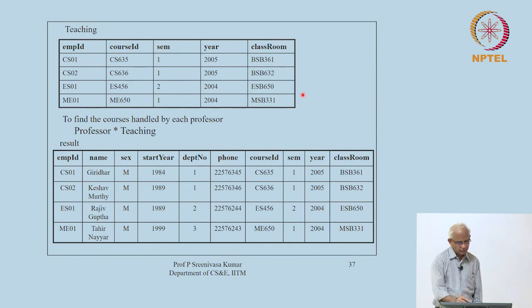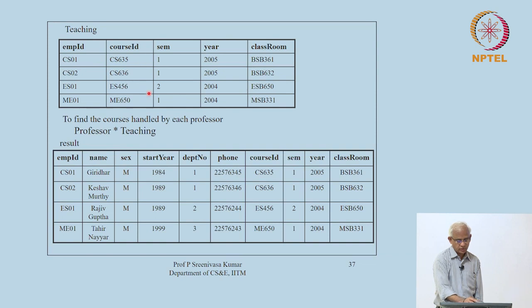Now for an example involving natural join, let us look at this. Let us say apart from the professor relation, we also have the teaching relation, which has details like CS01 employee is offering some course CS635, 636, like that.